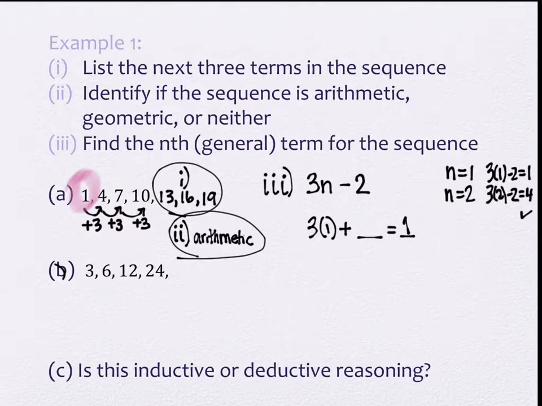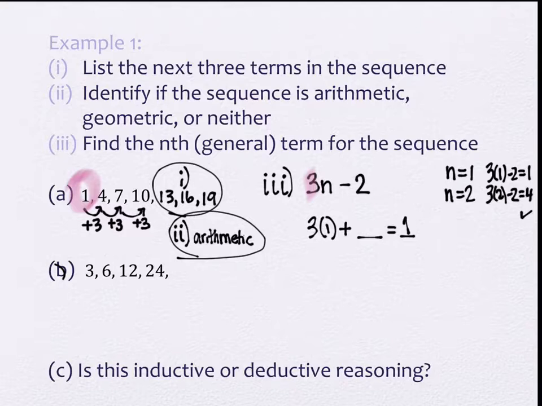So you can check to make sure that the number that you add or subtract at the end is correct by plugging in a couple of values to confirm. And it always works that way. If it's arithmetic, it will be the common difference, 3 times n, and then whatever you need to add or subtract to get the right first term.